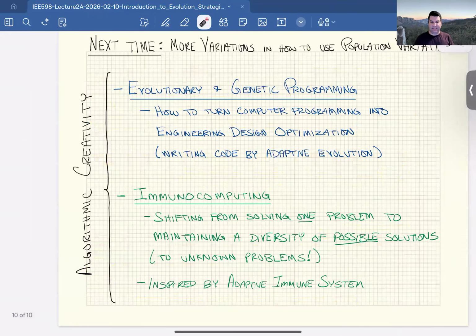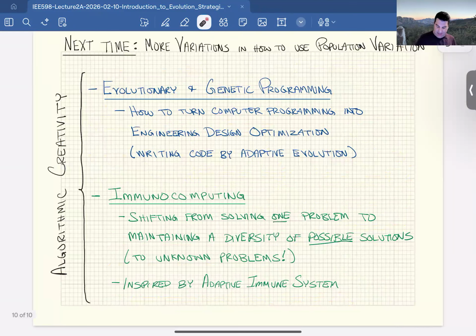All right, so next time, like I said, I want to stop here because we're at an hour 15. We just talked about a very different way to sample populations to make progress in engineering design problems.